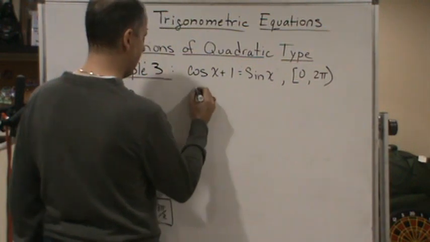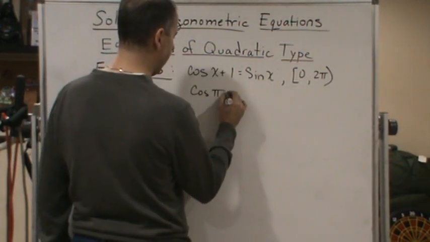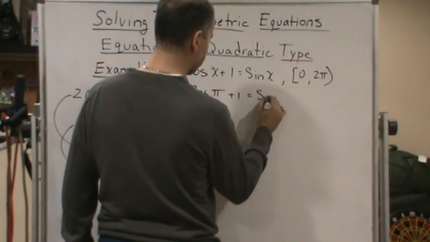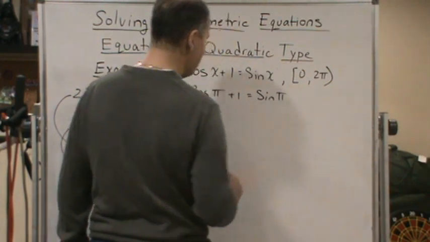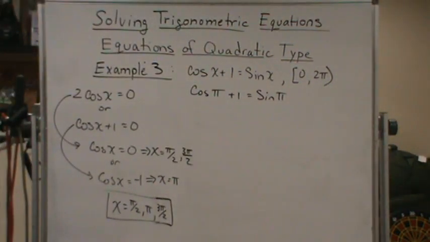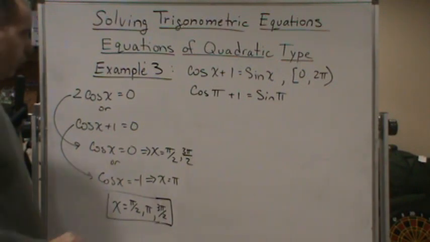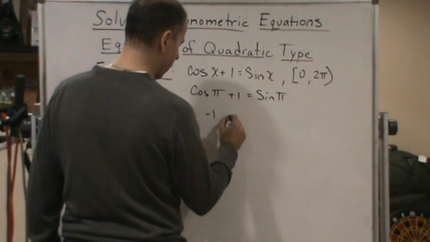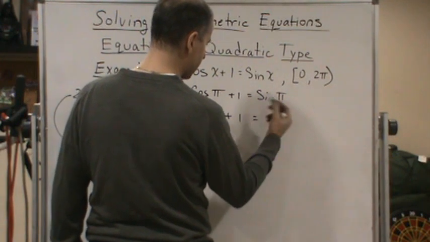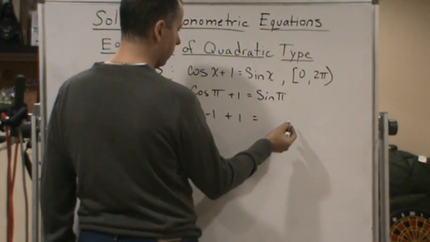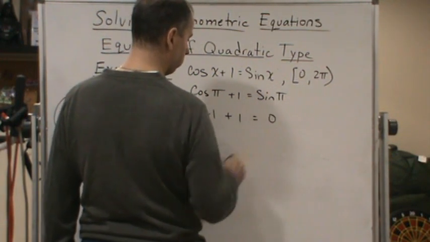Okay, let's do pi. So now we're going to do cosine of pi plus 1 equals sine of pi. The cosine of pi is -1 plus 1 equals the sine of pi, which is 0.